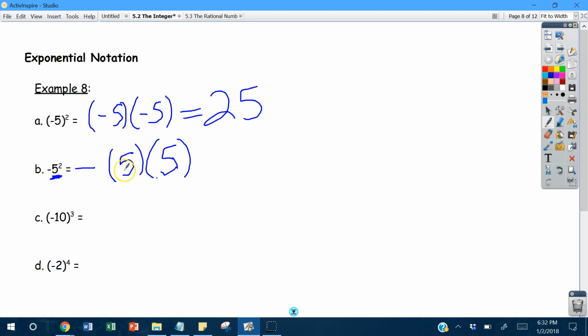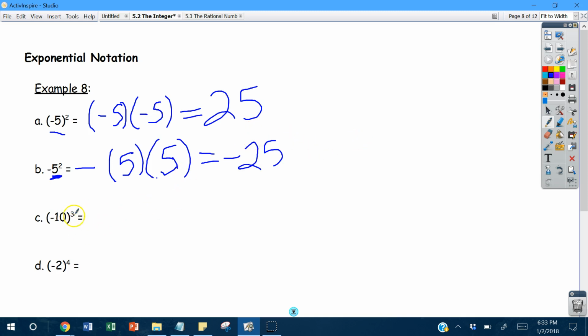This is just 5 times itself, and then we're going to end up making it negative. So 5 times 5 is 25, but then we're going to make that negative because that negative sign's out there. So notice how these are written differently. Here the negative sign's inside the parentheses, here it's outside the parentheses, and you end up with different answers because of that. So that's something you might want to keep your eye on.